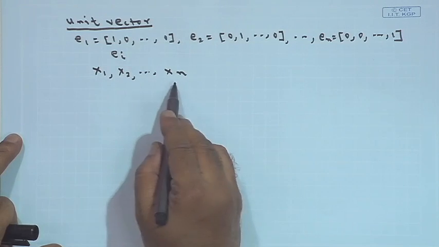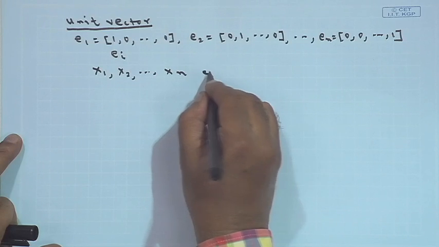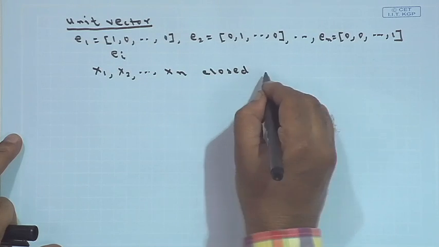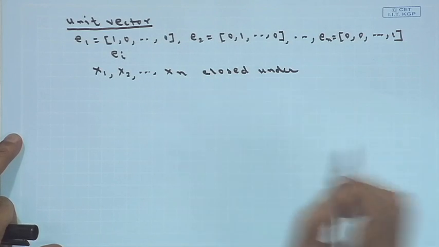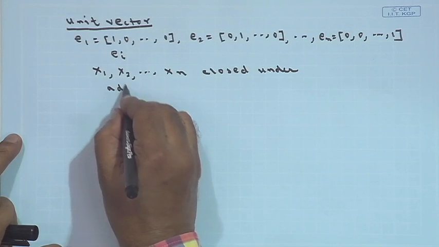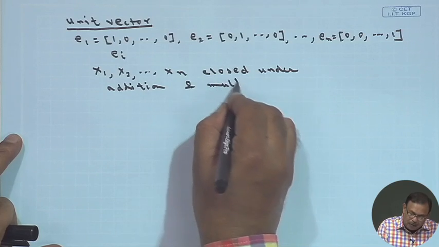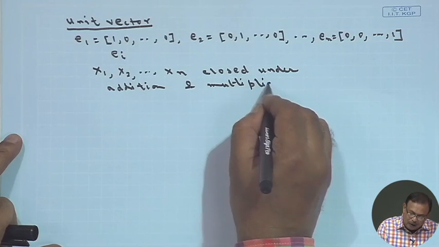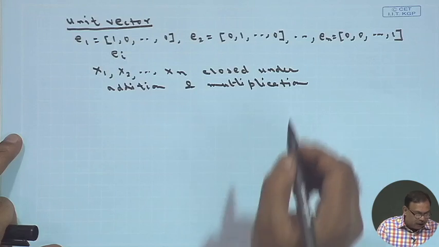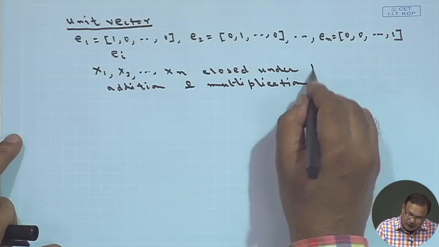So, you have a set of n vectors which is closed under addition and multiplication. Then we say that this set of n vectors will form a vector space.